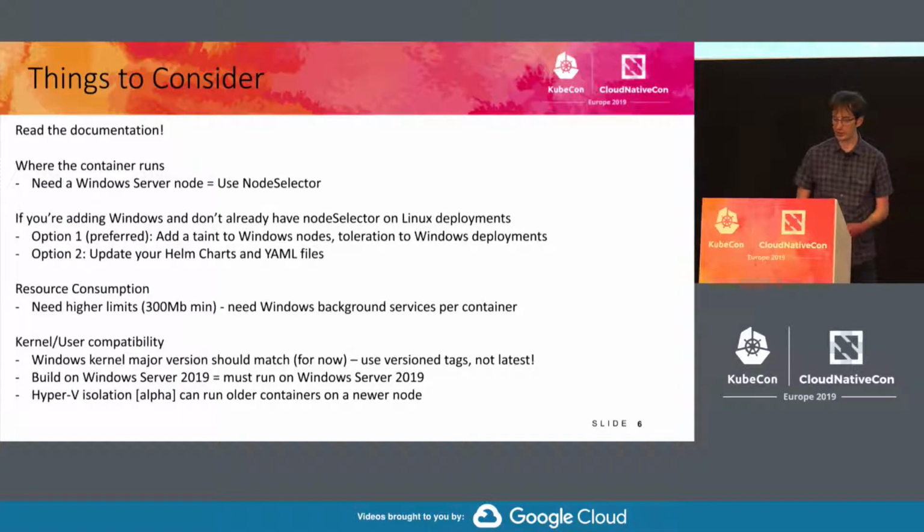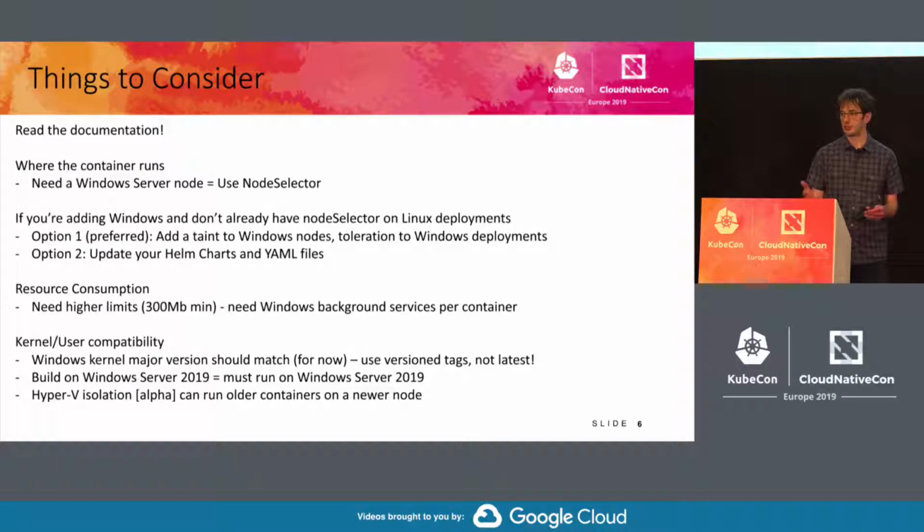Okay. So when you're going to start deploying things in a mixed cluster, there's a couple of things you need to look at. If you only wanted to run Windows apps, then you could just run your control plane on Linux and then add a bunch of Windows nodes.